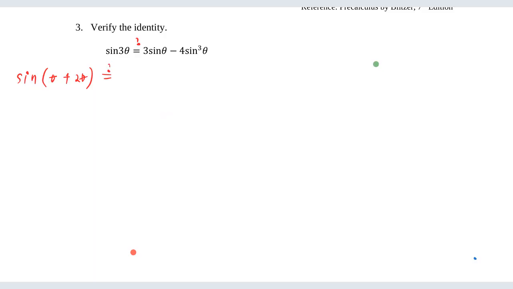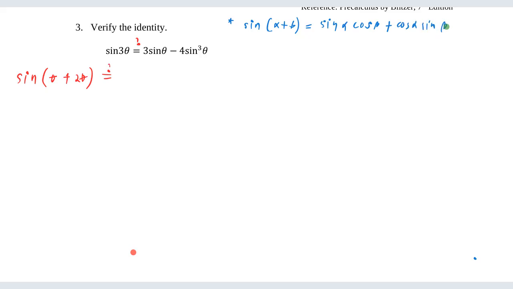The formula that I'm going to apply is sine of alpha plus beta equals sine alpha cosine beta plus cosine alpha sine beta.